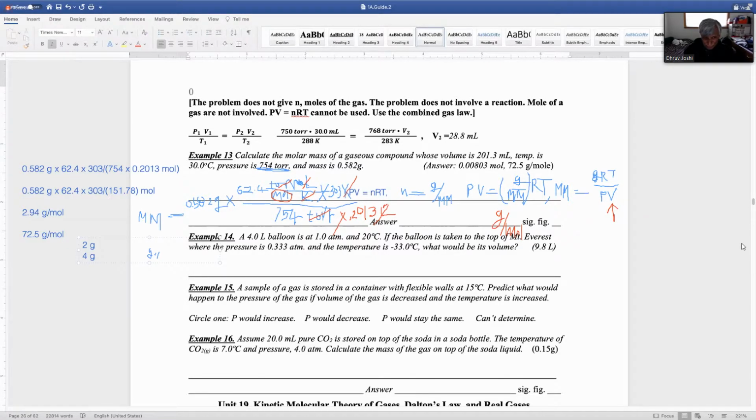So if you get a strange answer like that for your molar mass, you're going to question yourself. Something is wrong here. Let me check this again. Then this is very important for us to go through here, because I saw that a number of you made a mistake in the quiz or in the exam.